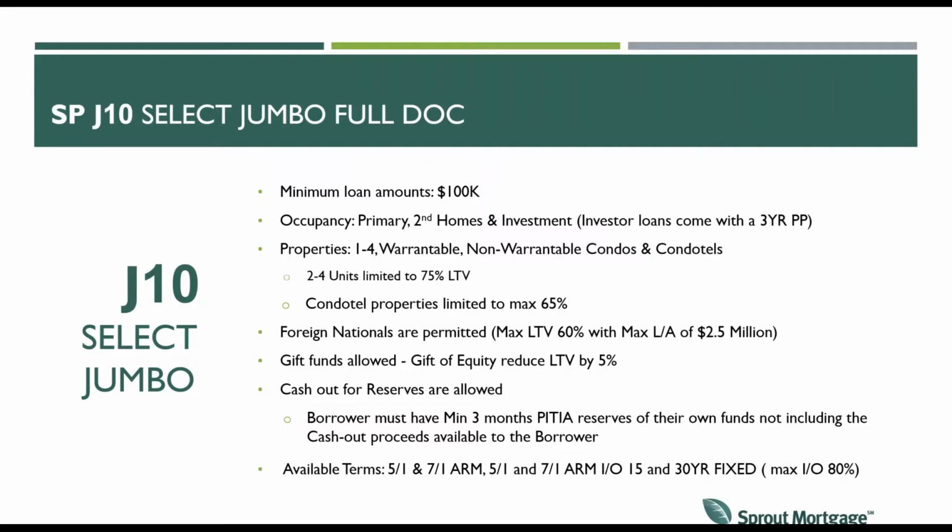And then the available terms that are offered will be a 5-1 and 7-1 arm, and a 5-1, 7-1 arm interest only, 15 and 30-year fixed, and then the max interest only is 80%. On this program, foreign nationals are permitted. Max LTV for them will be 60% with a maximum loan amount of $2.5 million.